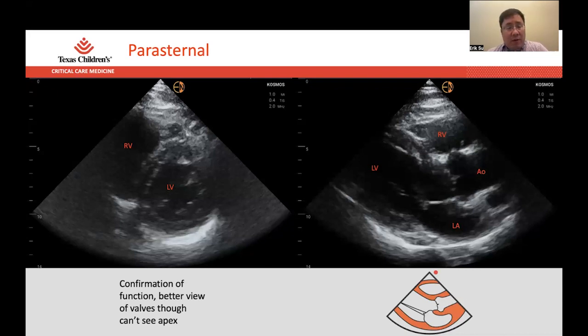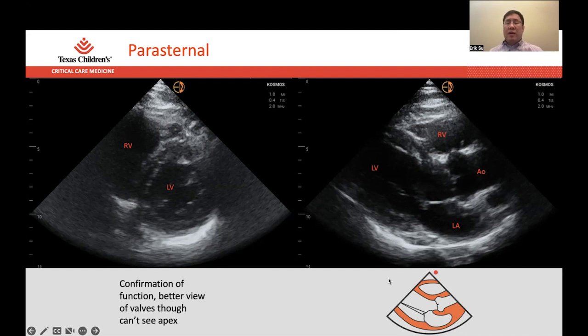And so peristernal short on the left side of the screen, you put the probe just left of the patient's sternum. You angle it so that the indicator, in a cardiology mode, is pointing at the patient's left shoulder. When you pan down to the LV and the RV, looking at about the level of the papillary muscles, you get a good sense for position of the interventricular septum as well as your overall function.